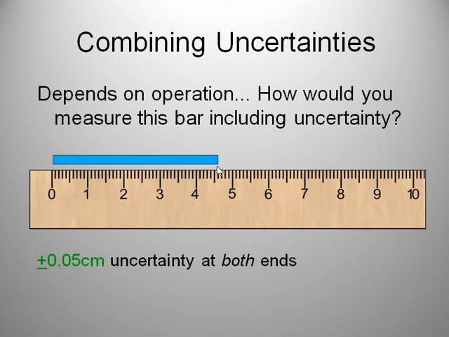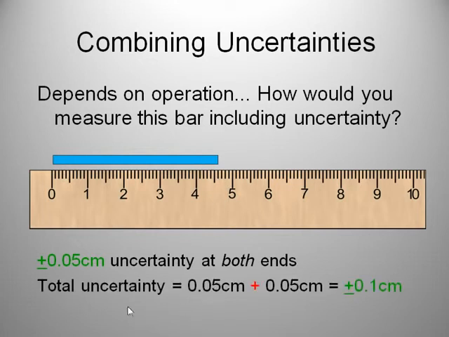But we have that uncertainty at both ends, when you start the measurement and at the end. So you really have twice that. We could declare the total uncertainty for the length of this blue stick to be plus or minus 0.1 centimeters. So we reported before 0.6 plus or minus 0.1 centimeters.